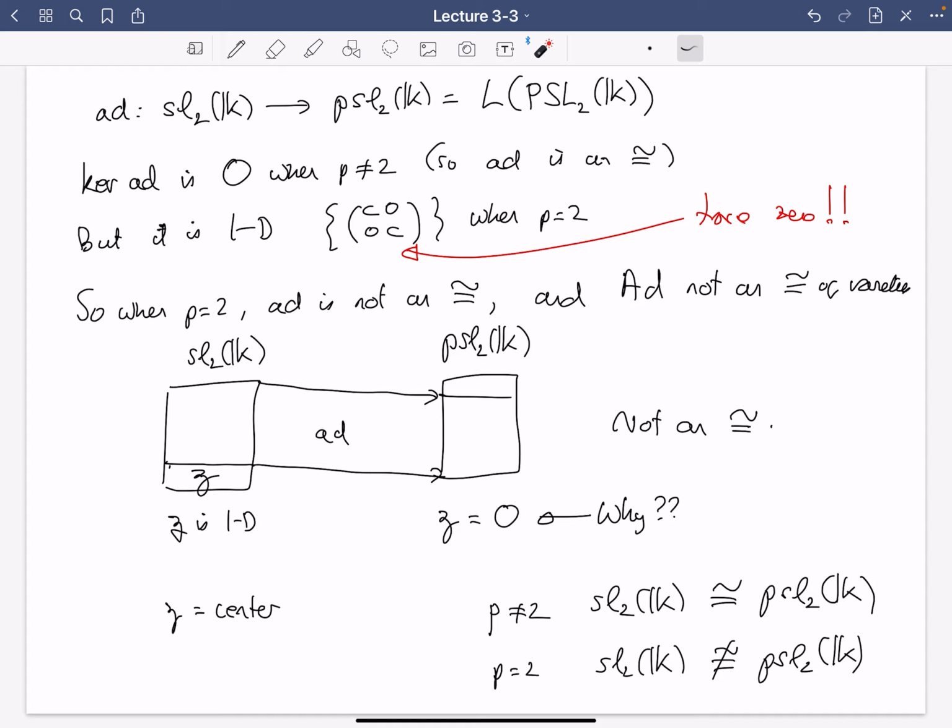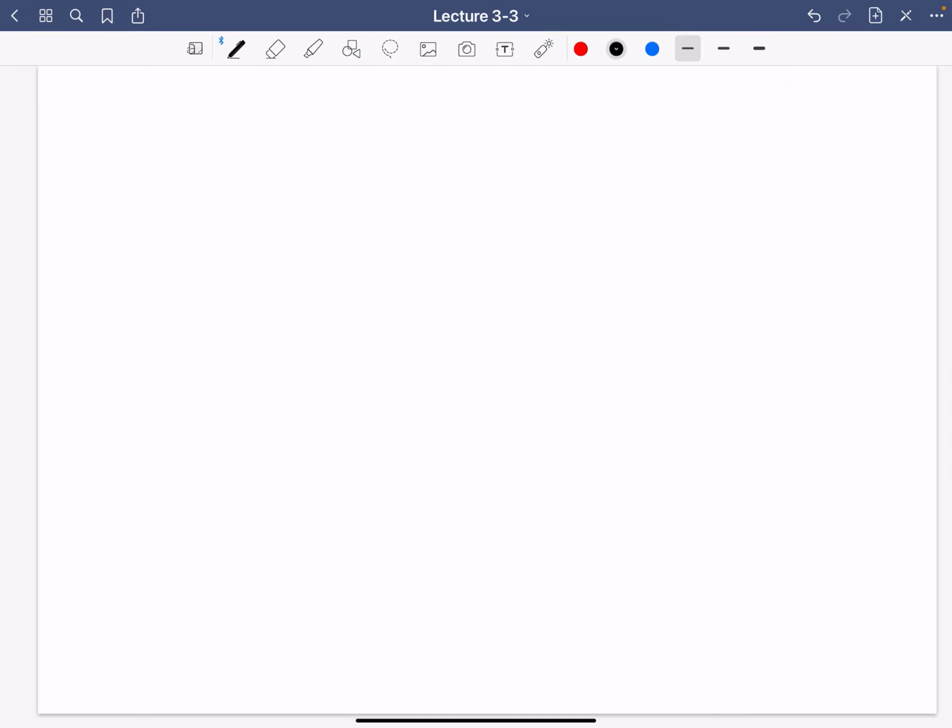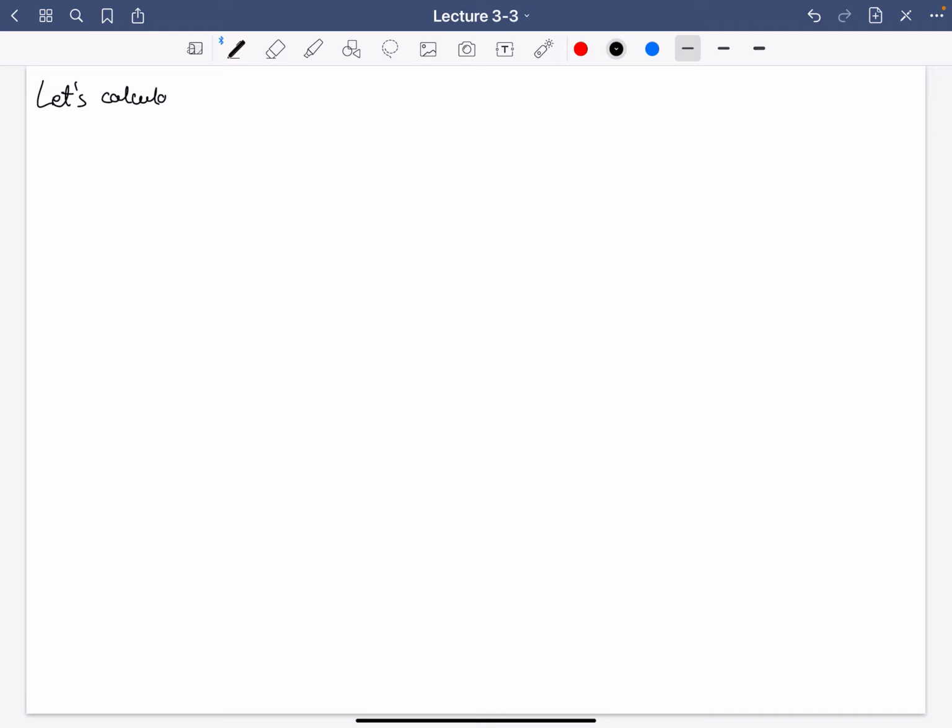The only way to establish this claim I've made about the center of the Lie algebra PSL2 is actually to calculate this Lie algebra explicitly. So let's finish this example by doing that. Let's try and calculate PSL2 of K explicitly. This is just meant to illustrate that these things are totally tractable.